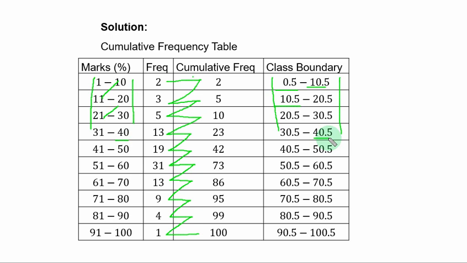To plot the cumulative curve, all we need is cumulative frequency against upper class boundary. Just this part alone is what we need. Let us get that and plot the curve.